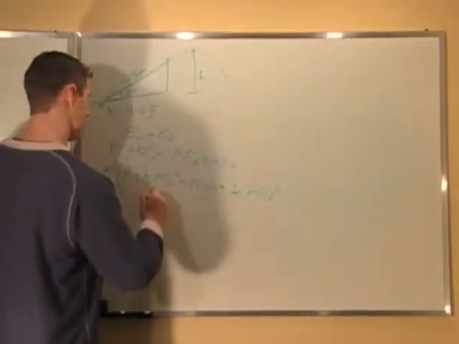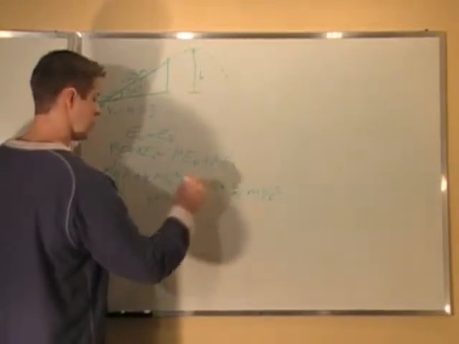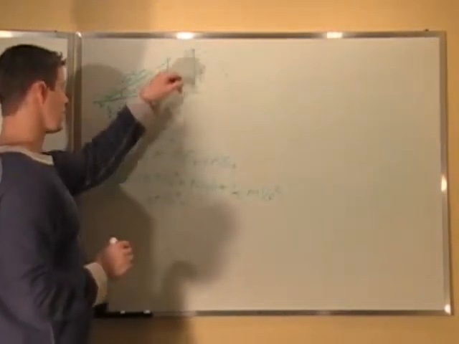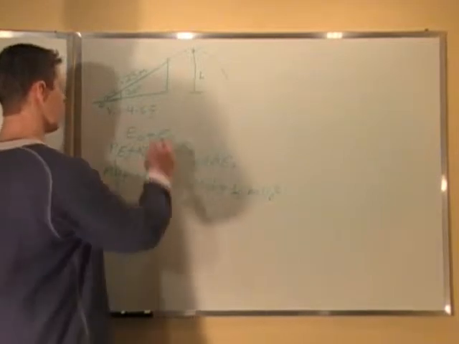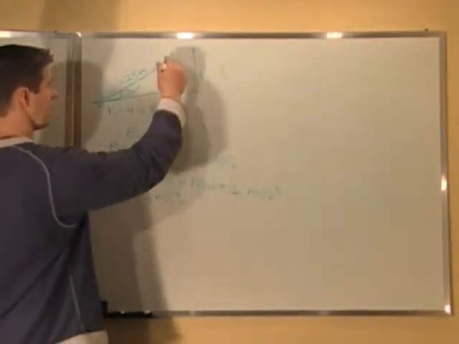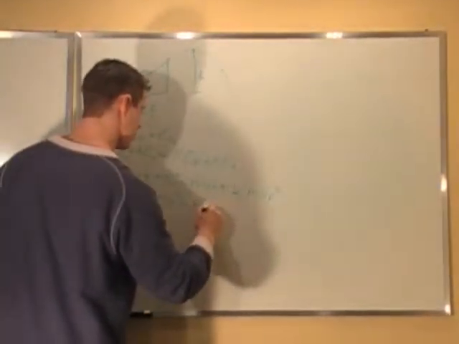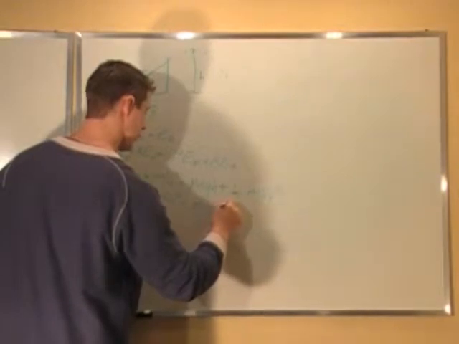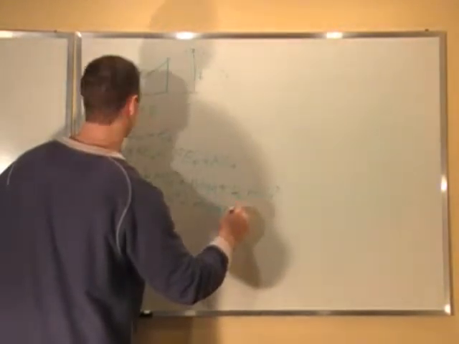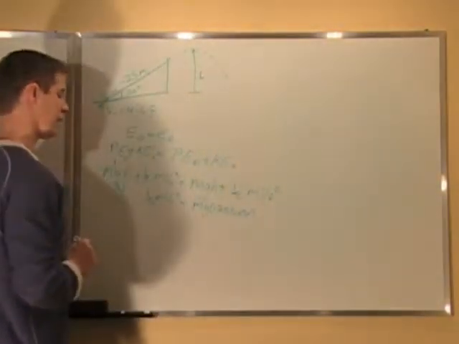So we have 1/2 m v naught squared equals, and we need to figure out what h is. h is the height the ball is at. We know this angle and that length, so we use sine. The height is 0.25 sine 30 degrees.